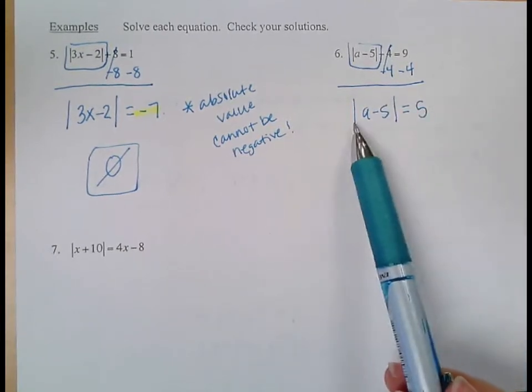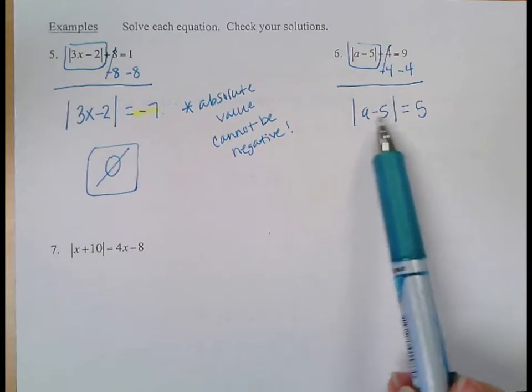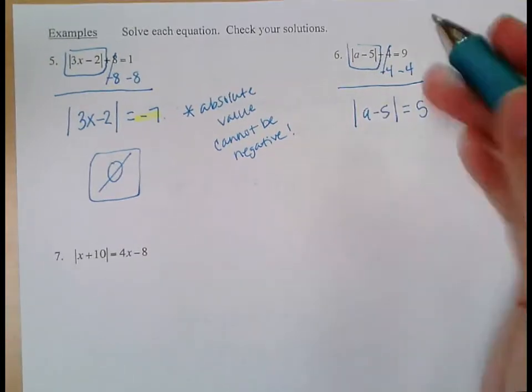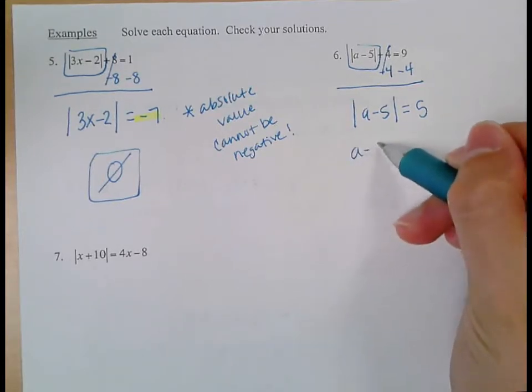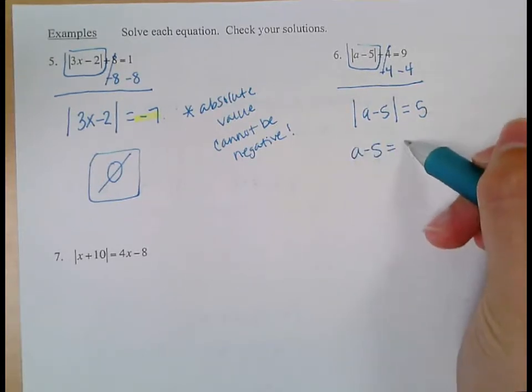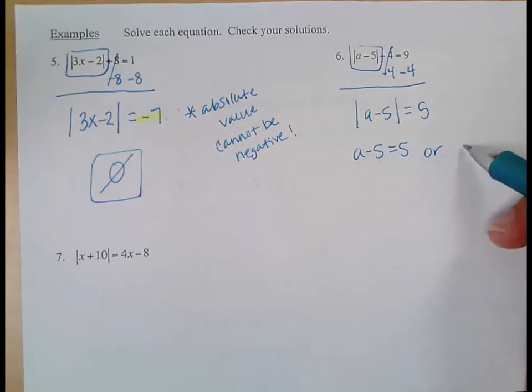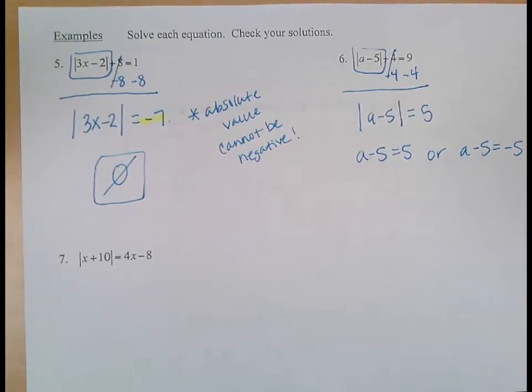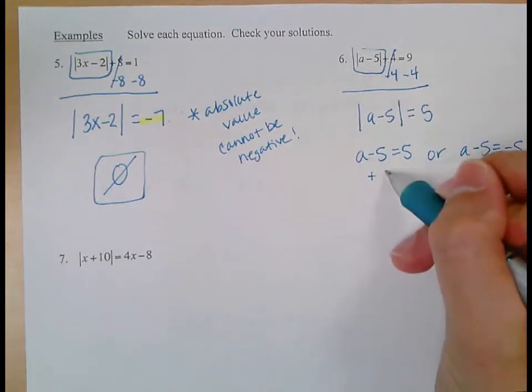So now this is the point where, since the absolute value is by itself, I can now set up my positive and negative case. So positive case would be a minus 5 equals positive 5. Or the negative case, a minus 5 equals negative 5. And then solve both of these. So to solve both for a, I need to add 5 to each side.